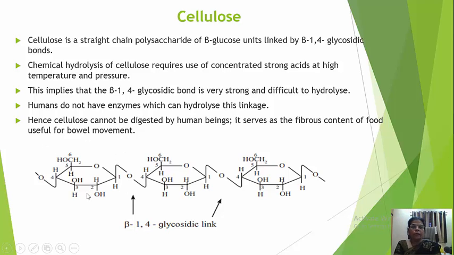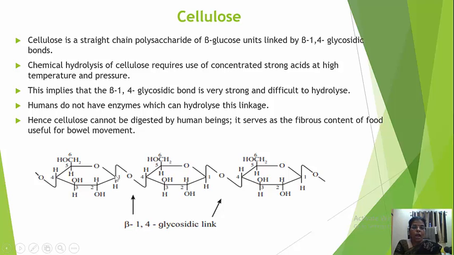Now look here, this is beta glucose, this is also beta glucose, this is also beta glucose. Why is it called beta glucose? Because the hydroxyl group present at carbon number 1, that is the anomeric carbon, is present on the left side in the Fischer projection formula, and it is present on the upper side in the Haworth projection formula.